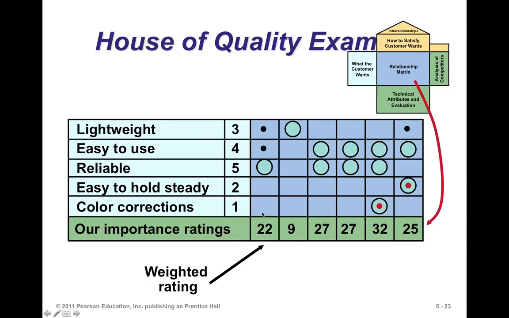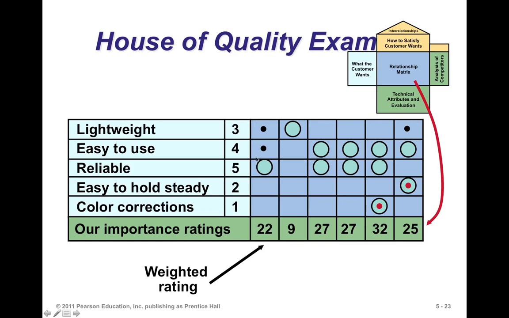Now, how do we get these importance ratings down here? We need to get a sense of how important they are, and we do that by multiplying these values right here with the weights. So depending on how we rate them, there were three of them. We could have rated them 1, 3, 5, right?